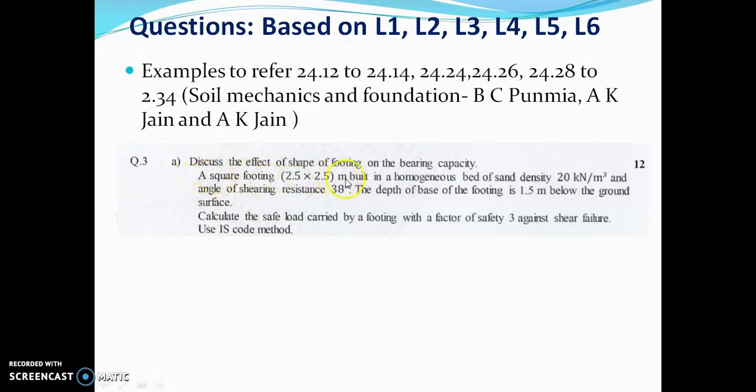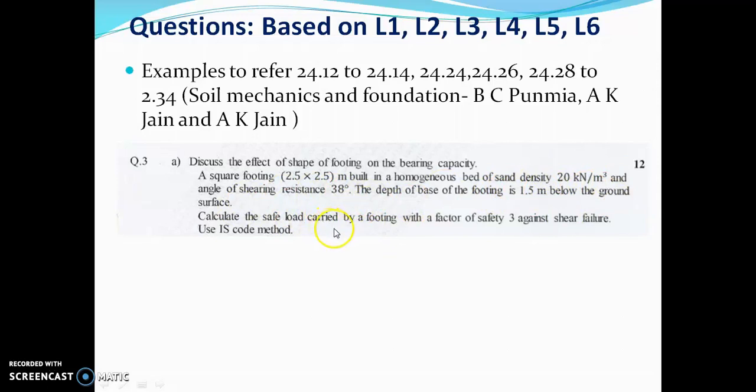A square footing of given size is built in a homogeneous bed of sand. Sand is mentioned, so cohesion is going to be 0. Density is mentioned, gamma. Angle of shearing resistance phi is mentioned as 38. Depth is 1.2. Calculate the safe load by footing.